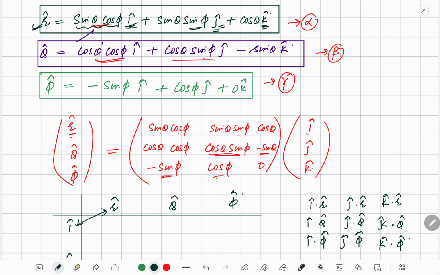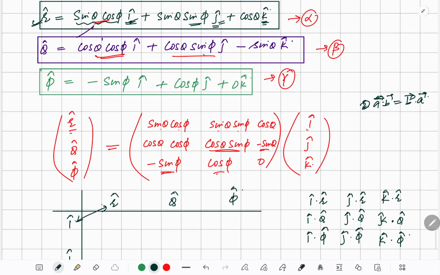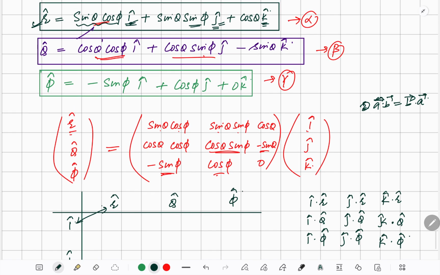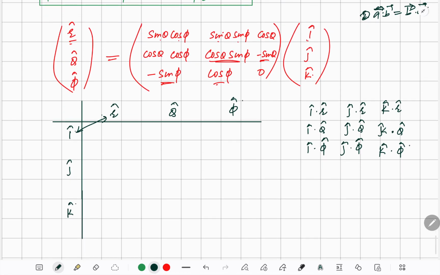The dot product is commutative, a dot b equals b dot a, so r cap dot i cap and i cap dot r cap are one and the same thing. So here it's sine theta cos phi.